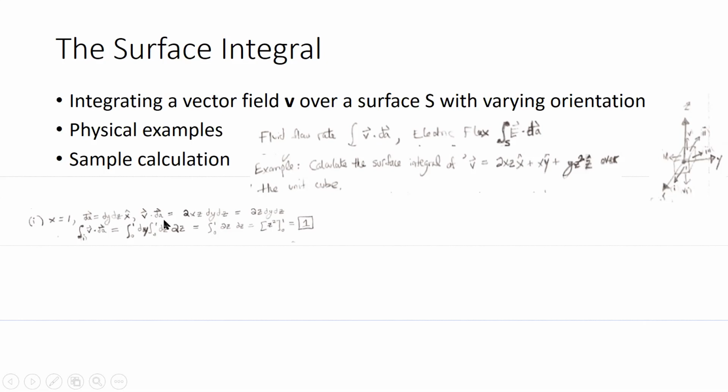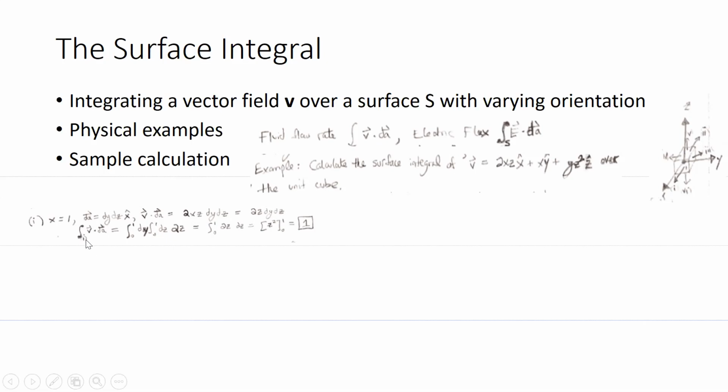Well, if we look at V, we have just an x hat component to dA. And if we look up here, we have just the x hat component of V is 2xz. So we have 2xz times dy dz. And since x is equal to 1 along the surface, we can simplify that to 2z dy dz. Now we're ready to go.